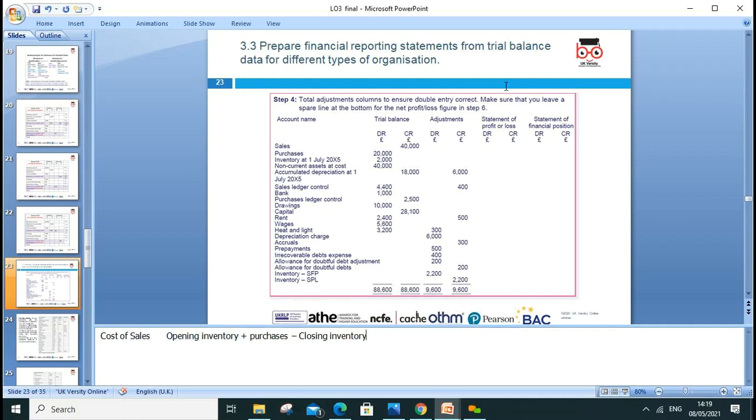So opening inventory plus purchases minus closing inventory equals the cost of sales. Then of course you will see all the other expenses. Sales ledger control account, also known as, does anyone know what other name we can use? Trade debtors. Excellent. So debtors we call trade receivables.